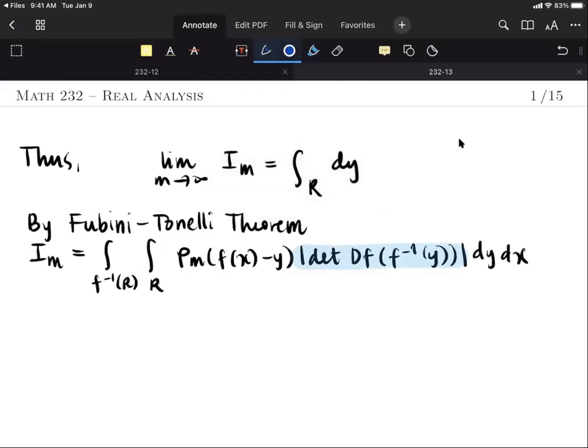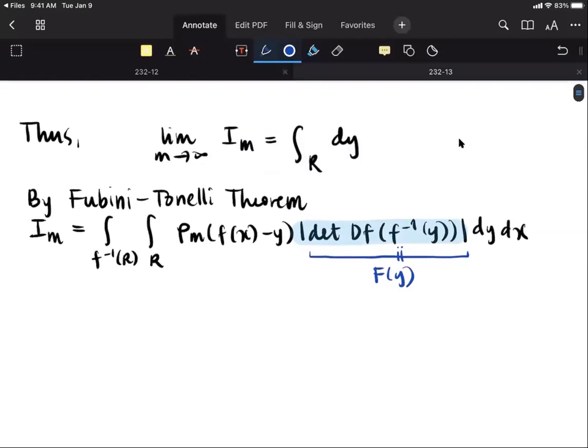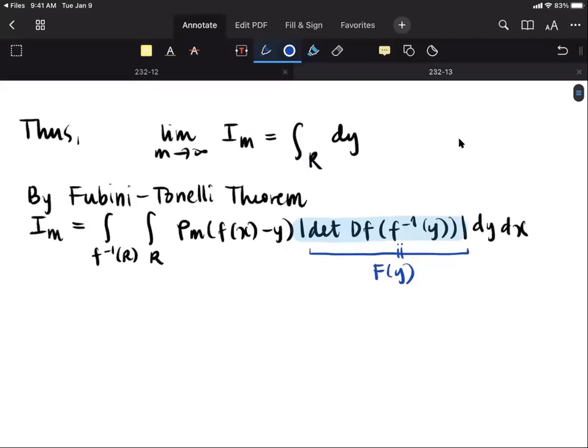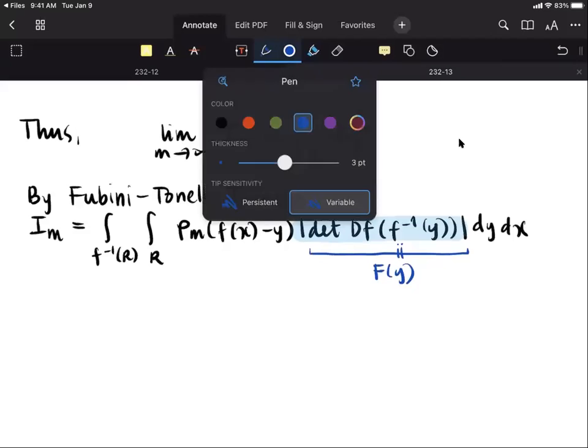Let us define this to be capital F of y for simplicity. Since f inverse and its Jacobi matrix are continuous, and the determinant is basically a sum of products of the entries, this function is also continuous.